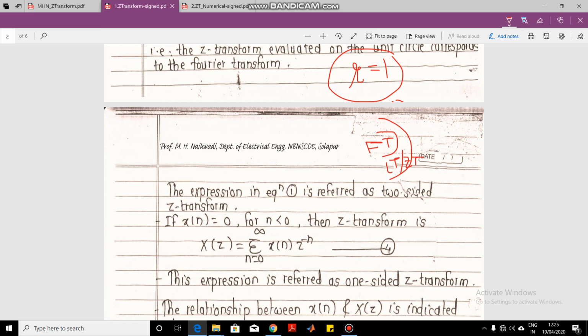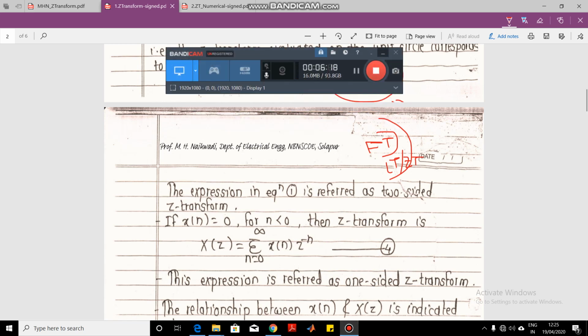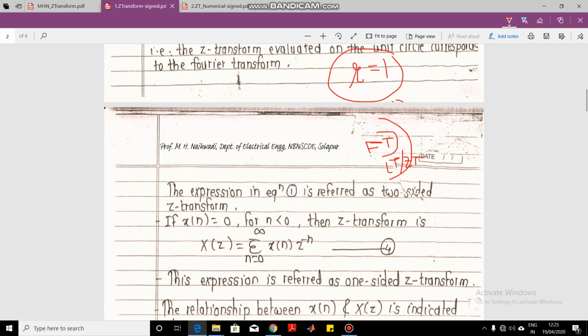So when will you get the equation of the Fourier transform from the Z transform? You get it when we evaluate the Z transform on the unit circle. That is, when you put r equal to 1, you will get the Fourier transform. We will see in the numericals that when we evaluate the transform of a signal on the unit circle, we get the Fourier transform.